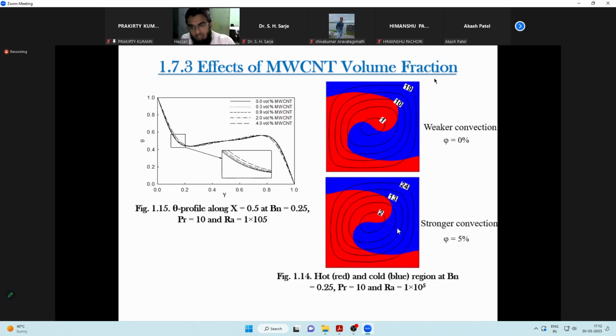That shows that the inclusion of the nanoparticle significantly enhances the thermal transport capacity of the system. And that is why these stream functions are being strengthened, and that is why the extent of colder region reduces.